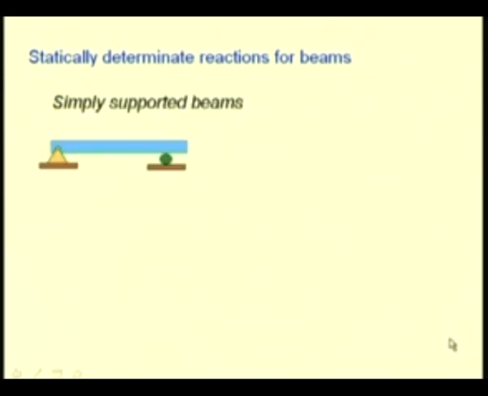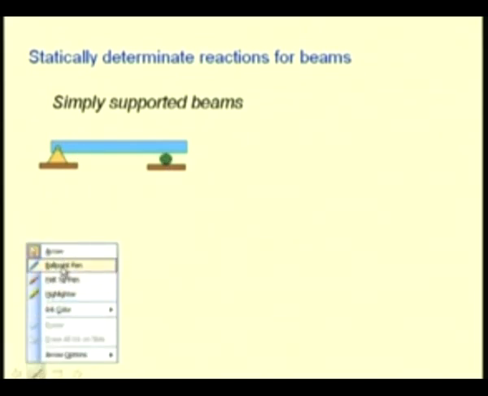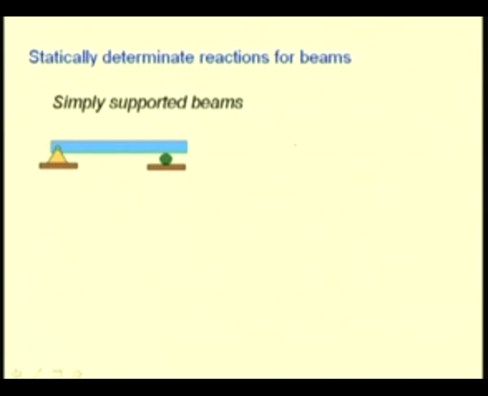First, let us consider this simply supported beam. We have a pin connection at this end and a roller connection at this end, and if we draw the free body diagram of this beam as a complete structure, at A, since it is pinned, we have two components of reaction.